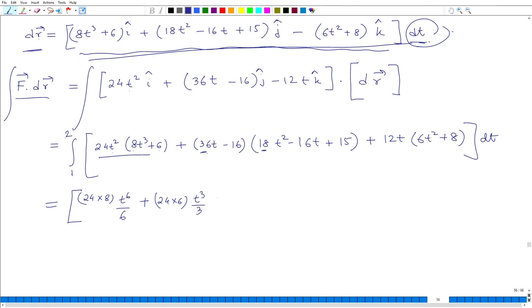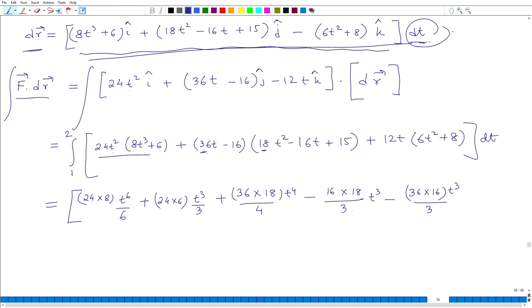Okay. Then you have other terms which I write successively, like 36 times 18 t⁴ by 4. Then you have minus 16 times 18 t³ by 3. Then here will be another minus 36 times 16, again t³ by 3.